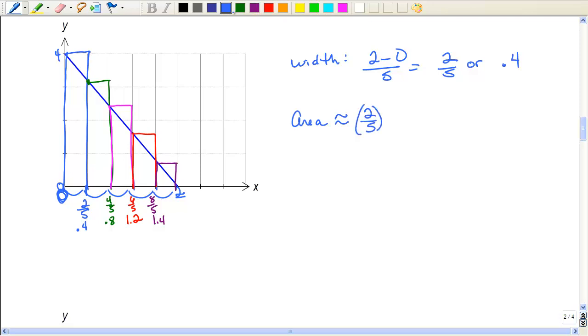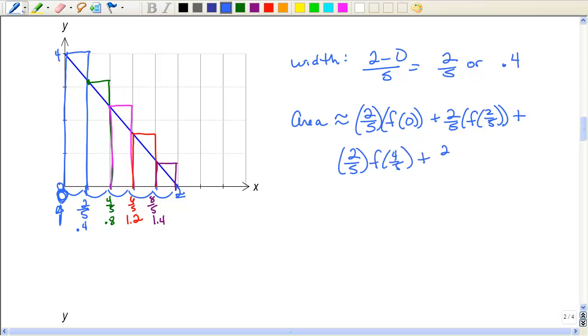2/5, because that's the width, times f of 0, because that's the first endpoint, plus 2/5, because that's still the width, times f of 2/5, plus 2/5 times f of 4/5, plus 2/5 times f of 6/5, plus 2/5 times f of 8/5.